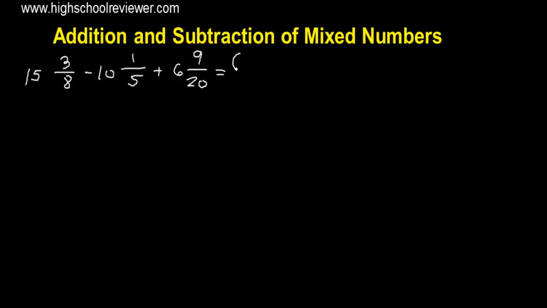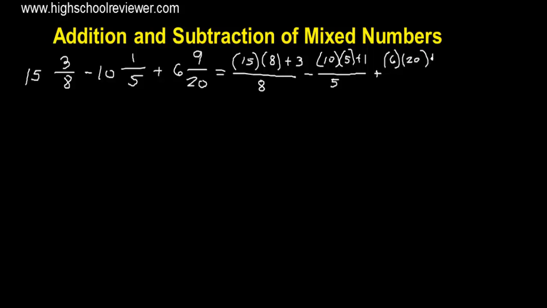We will have here 15 multiplied by 8 plus 3 all over 8, minus 10 multiplied by 5 plus 1 all over 5, plus 6 multiplied by 20 plus 9 all over 20.